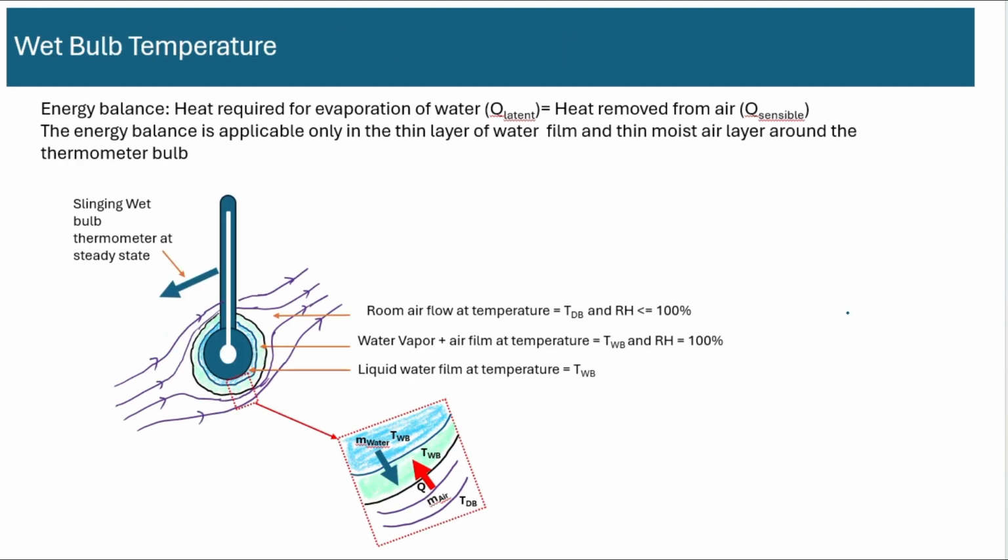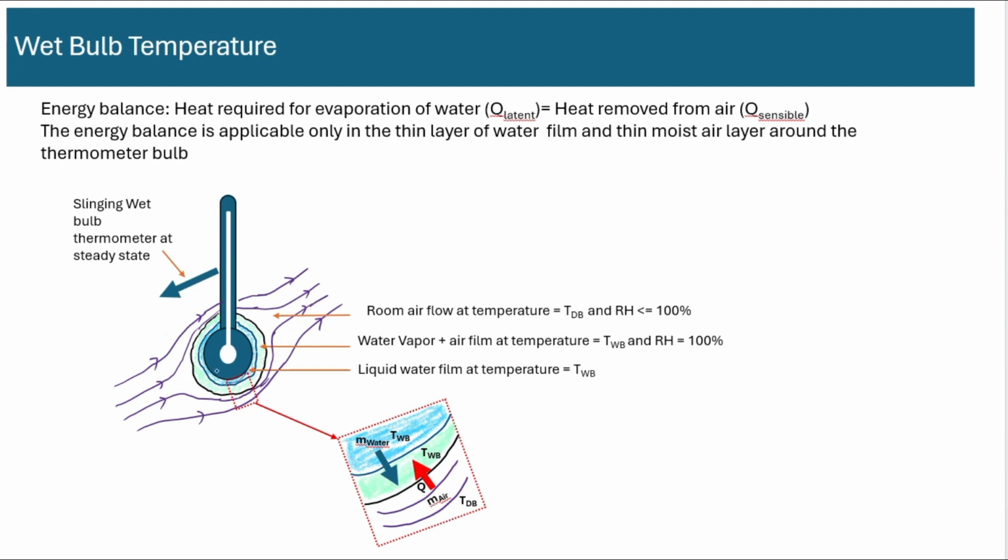First thing is, I would like you to further understand how that energy balance is coming. So when you're using a thermometer and you have a liquid film, like a wet wick around it, and you're slinging the thermometer in the air, you can just focus on the reference frame of the thermometer and assume that the air is moving around.